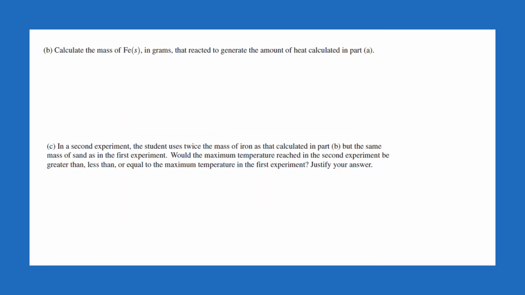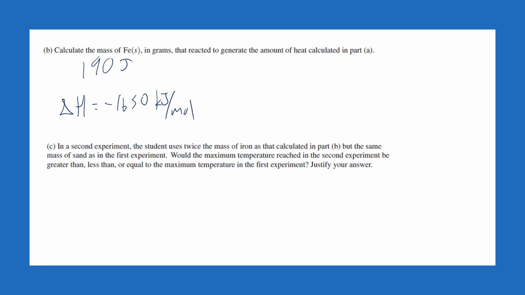Now for part B, it says to calculate the mass in grams that reacted to generate the amount of heat calculated in part A. So it formed 190 joules, right? They also gave you the delta H for the reaction, at the beginning. Let me write it down. It was negative 1650 kilojoules per mole.